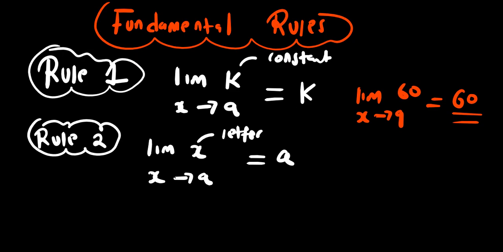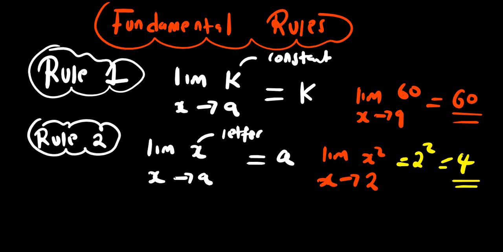Let's say you have an example, the limit of x squared as x is approaching 2. Where there is x, you're going to replace it with 2. So you're going to have 2 squared, and 2 squared is just 4, and this will be your answer. So this is very important for you to know.